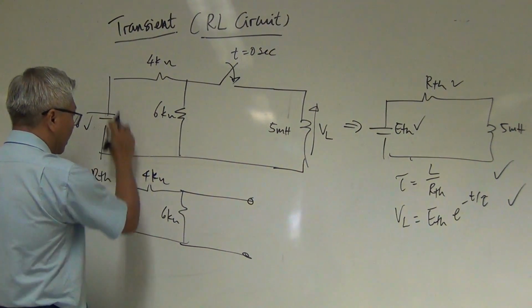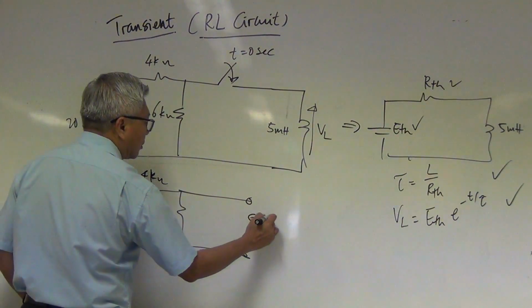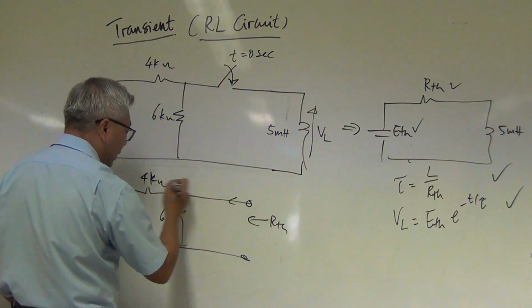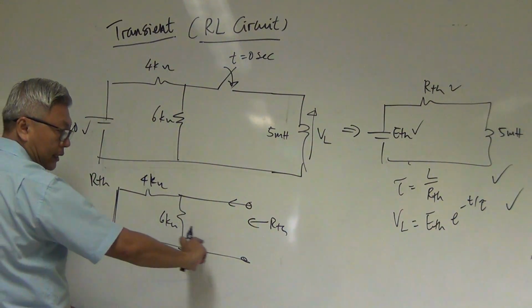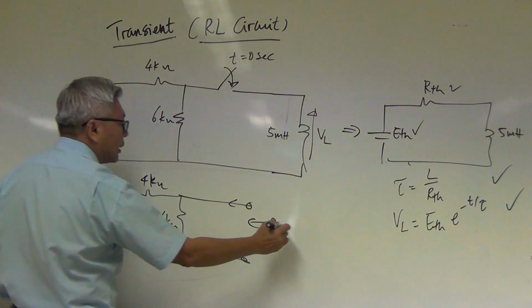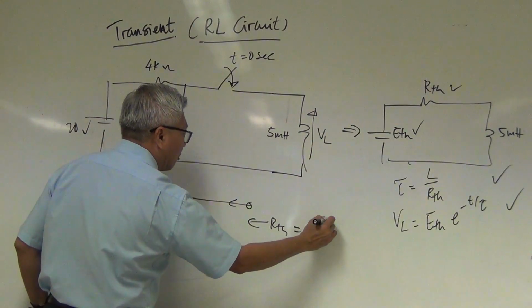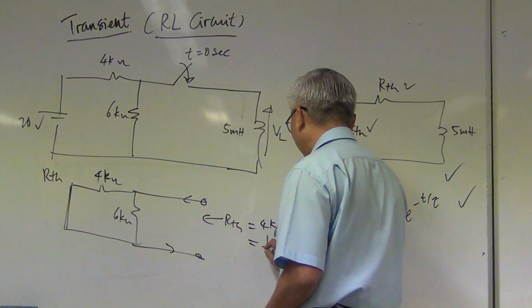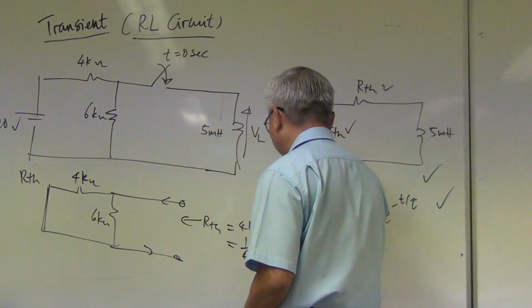You kill the source here, and imagine that you are injecting current from here. There's a battery source here, so the current passes through the 4K and 6K and then comes back. So RTH is equal to 4K parallel 6K, and that is equal to 1 over 4K plus 1 over 6K, inverse.